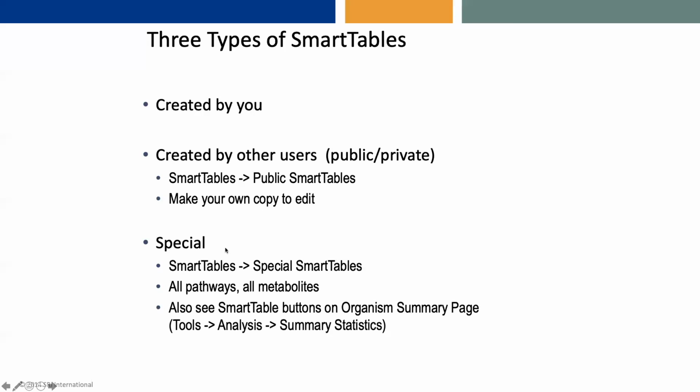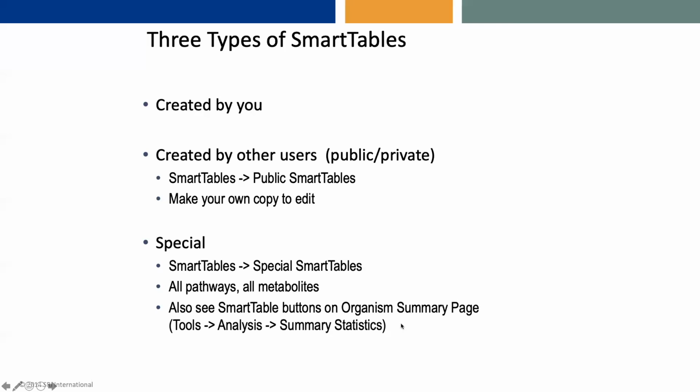There are also the special smart tables. For each organism database, we have a smart table that has all the pathways, all the metabolites, all the genes. If you want to quickly get a list of all the genes in E. coli, this is probably the easiest way to do it. Bring up this smart table and then save it to a CSV file, and then you can load it into Excel and you have all the genes.